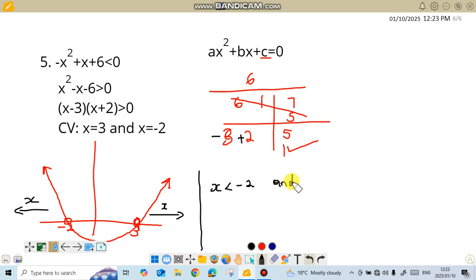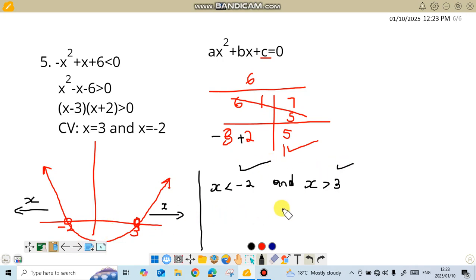Guys, forgive me, my writing pad is not working, so I'm using a mouse to write. And for this side, the values of x are greater than 3. So x is greater than 3, right? So this is correct, and that is correct.